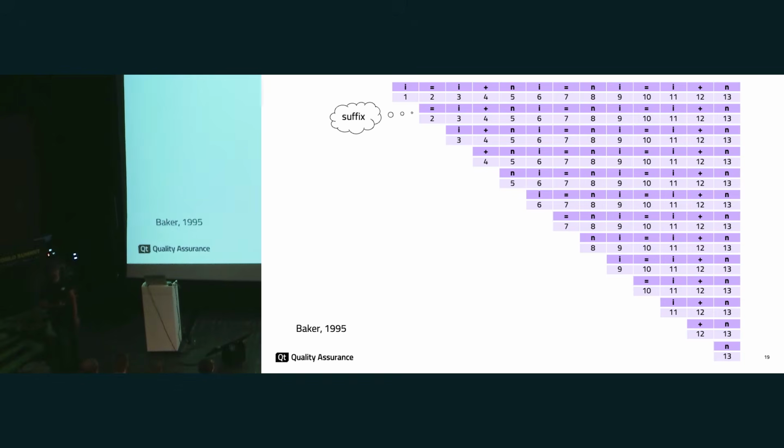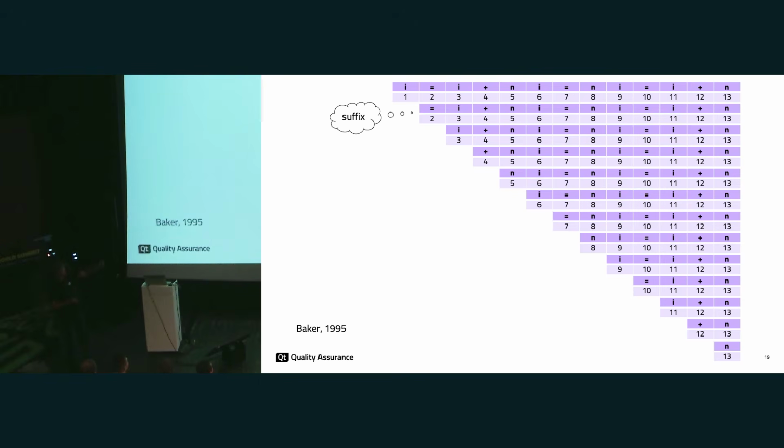Suffix 1 would be the complete sequence. Then suffix 2 would be the complete sequence without the first token. Suffix 3 would be the complete sequence without the first 2 tokens, and so forth, until you have enumerated all the different suffixes. This is the complete enumeration of suffixes of my small example program.